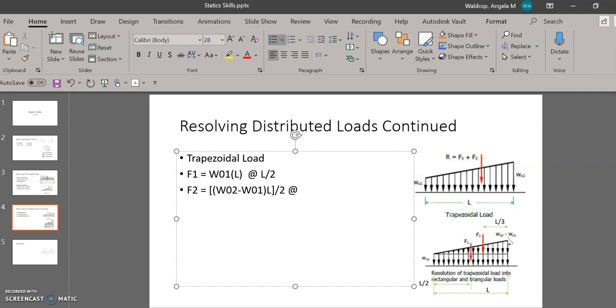Now the location, we can either use the L/2 or the L/3. I'm going to use the L/3 from the WO2 end, okay? So that is showing you how to actually simplify these complicated shapes into simplified loads.